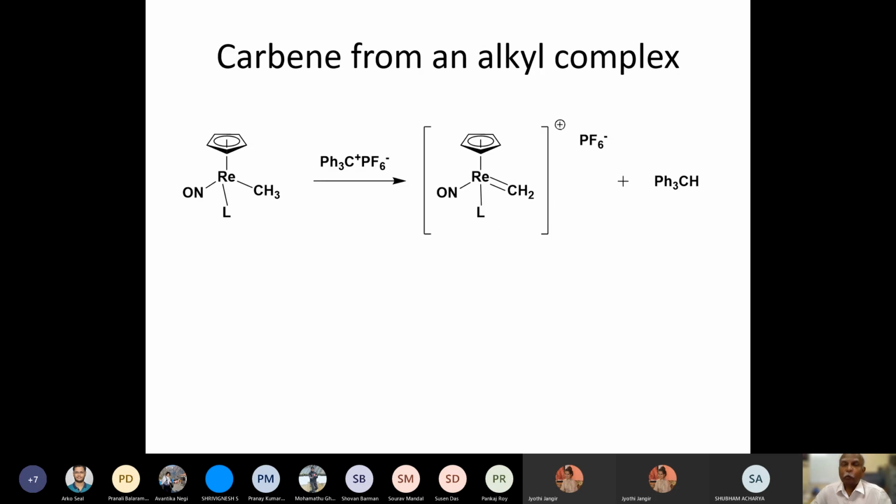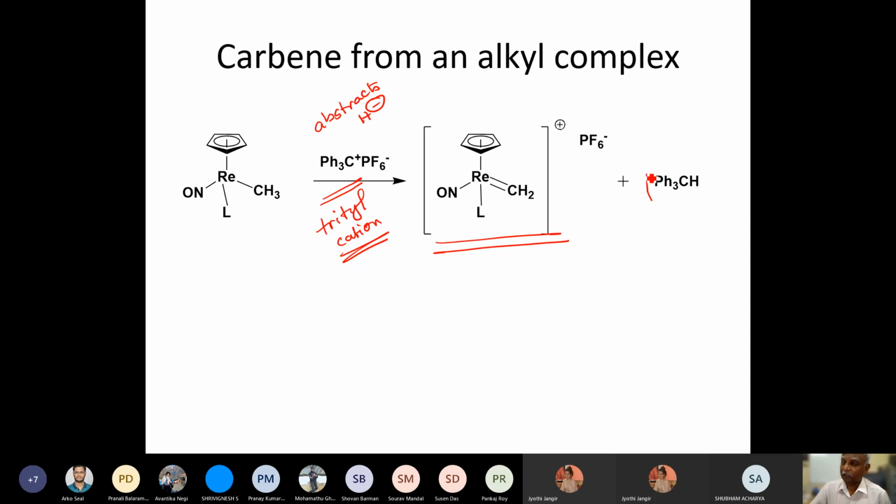One more way is to remove a hydrogen by using a proton sponge. In this example, I have used trityl cation. This species will abstract the H minus. So what it leaves behind is a positively charged molecule. Here is a positively charged molecule, but now it is a carbene.